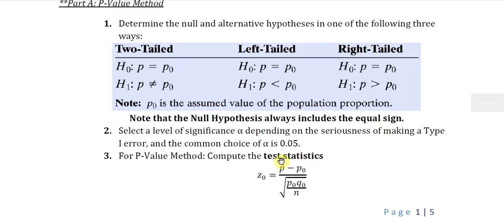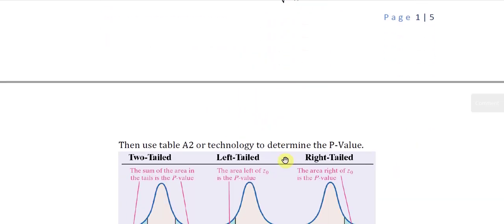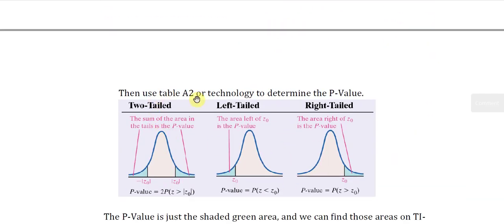Once you get the test statistic, we can use Table A2 or technology to determine the p-value. The test statistic will be here, either for the left tail, the right tail, or the two tails. To find the p-value for the two tails, we find the area of one of the regions and multiply that by 2 because the graph is symmetric.